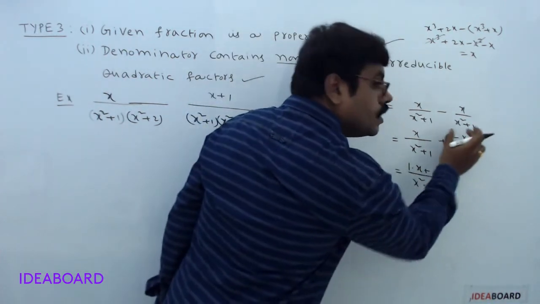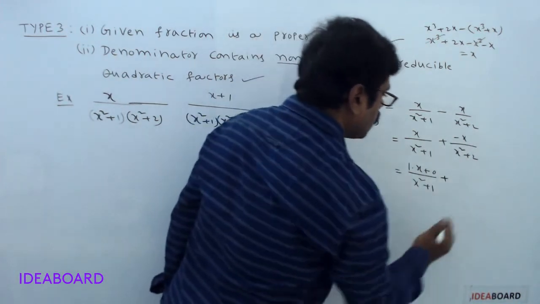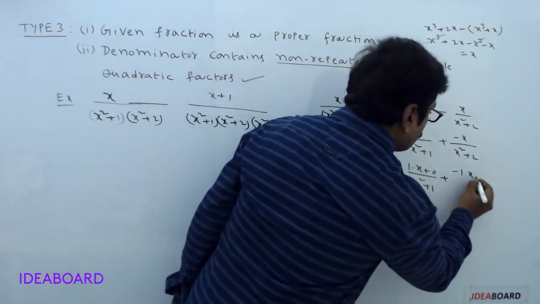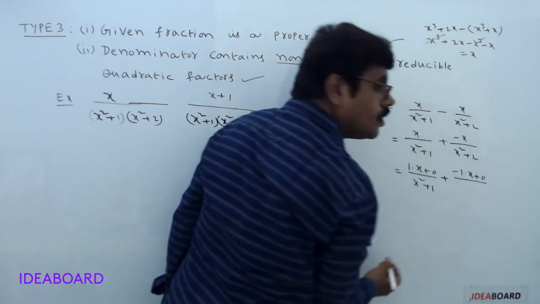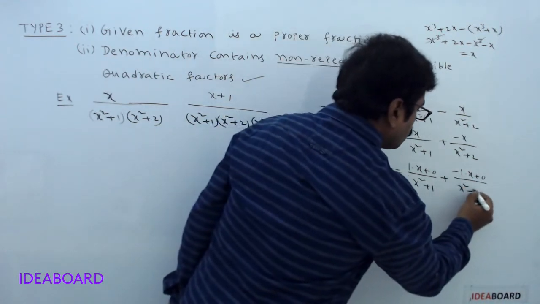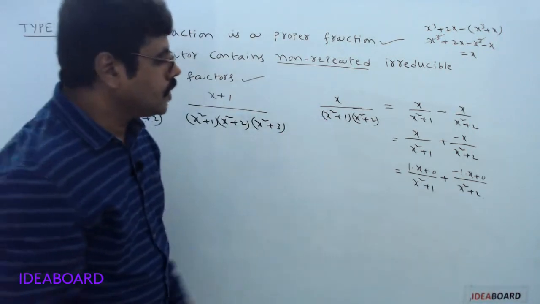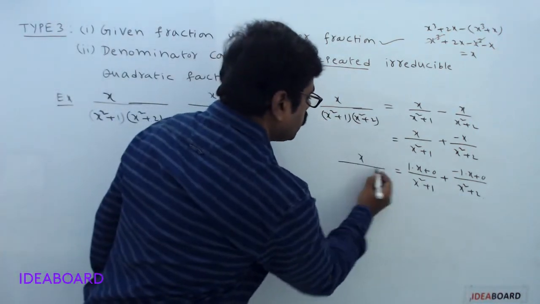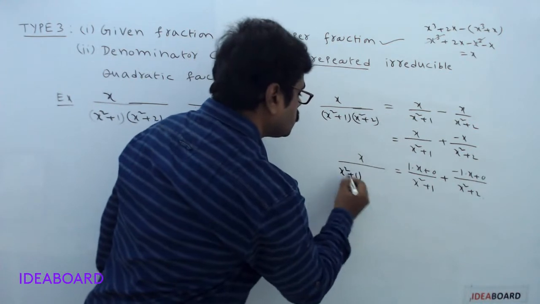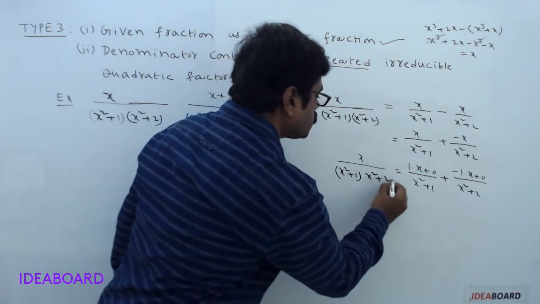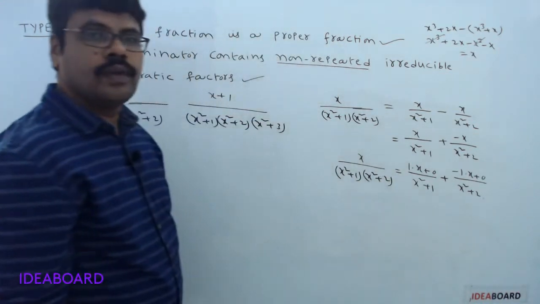Similarly, the second term can also be expressed as (minus 1 into x plus 0) divided by x square plus 2. Carry this LHS value as it is: x divided by (x square plus 1) into (x square plus 2).